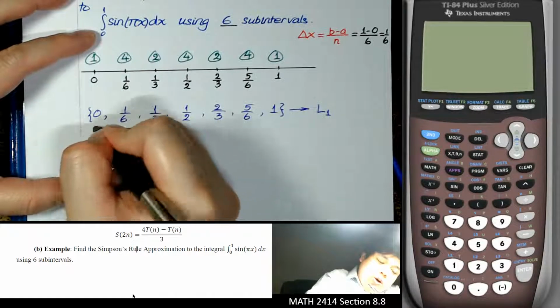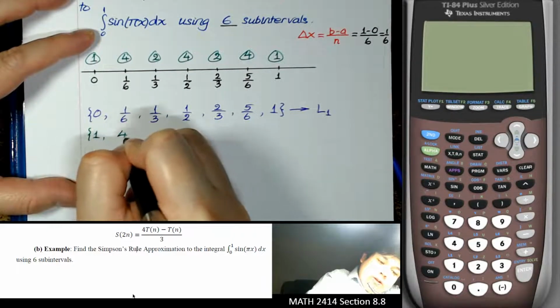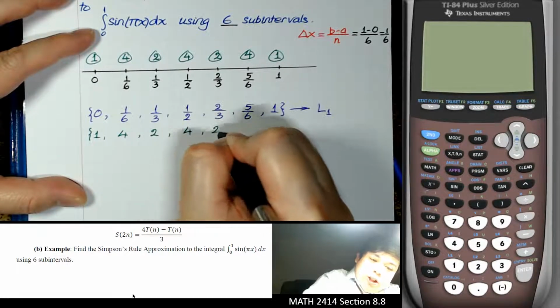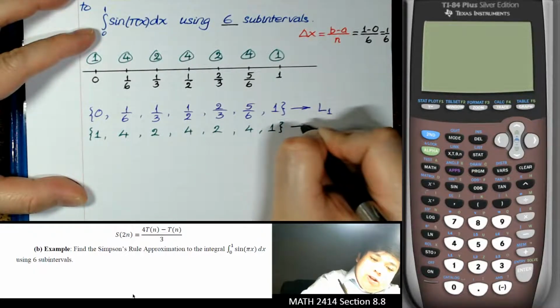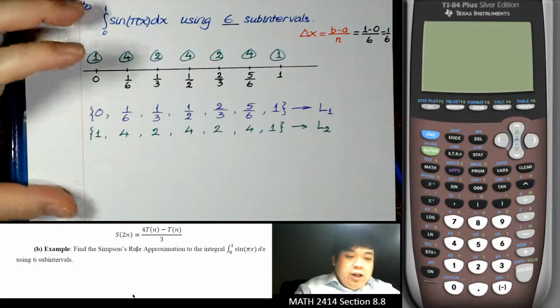So we store the coefficients 1, 4, 2, 4, 2, 4, and 1 into list 2.